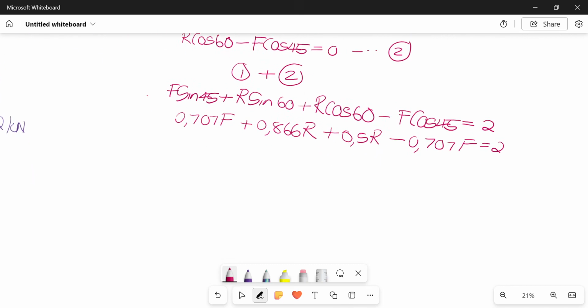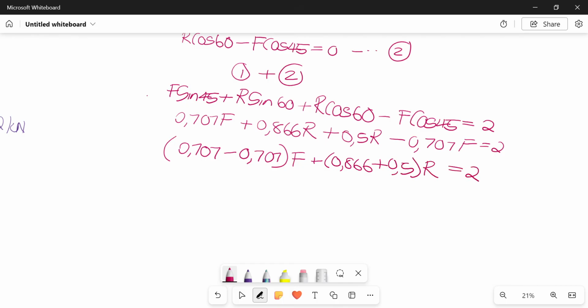Then you can add the similar ones. I get 0.707 minus 0.707, that's your F, which gives me a 0, plus 0.866 plus 0.5 R. So 0.866 plus 0.5 gives me 1.366R is equal to 2.